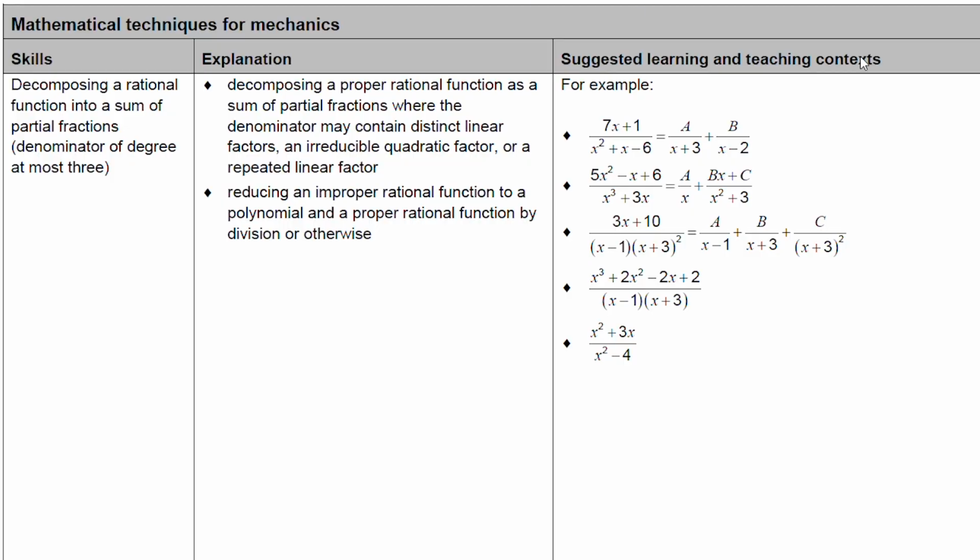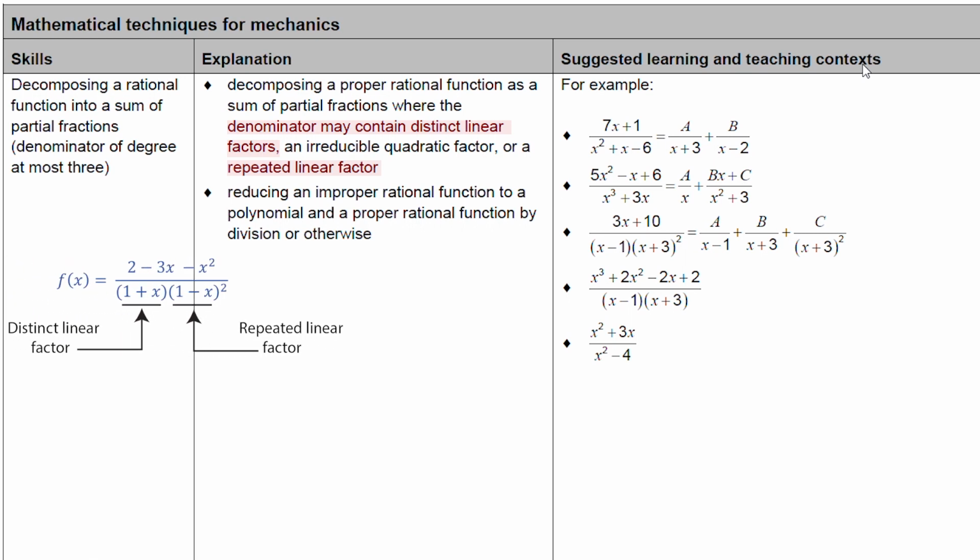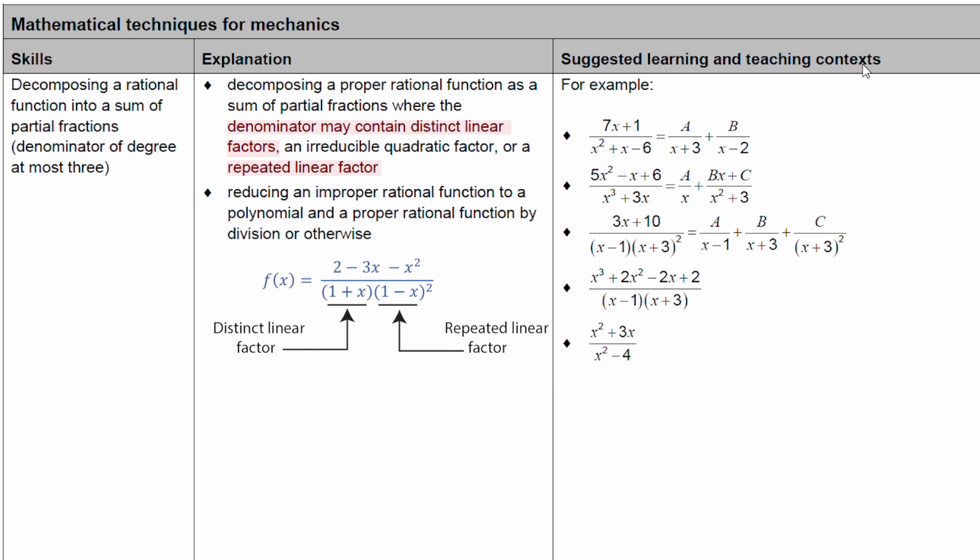It invites us to look at the denominator of our expression, and then to see if there are any distinct linear factors or repeated linear factors, and we've got both. We have got a distinct linear factor, and that is 1 plus x. So that gives rise to its own partial fraction, some constant divided by 1 plus x.